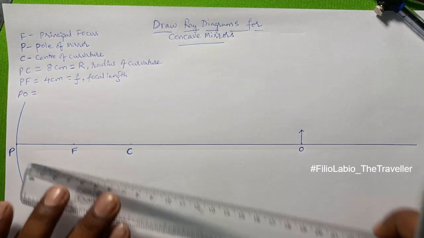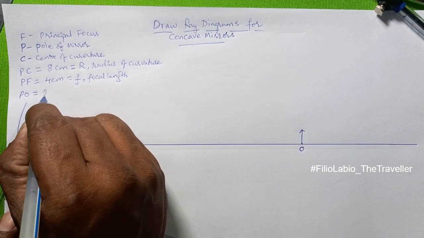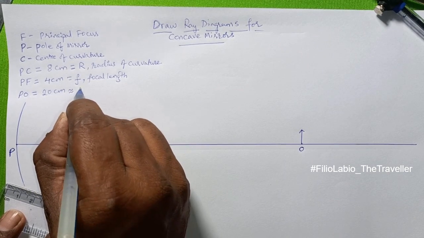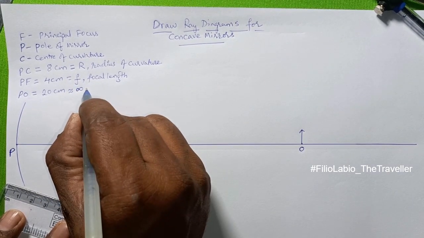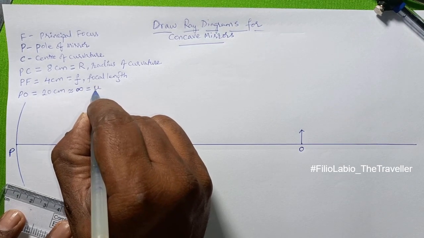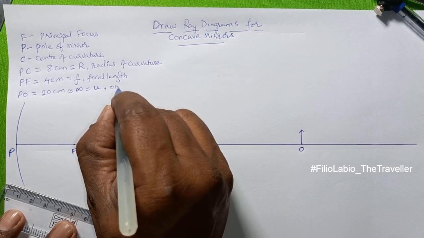Approximately how much it is? Now we have taken it around 20 centimeter, which is approximately treated as infinite distance, and this is also represented with a small letter u, called as object distance.